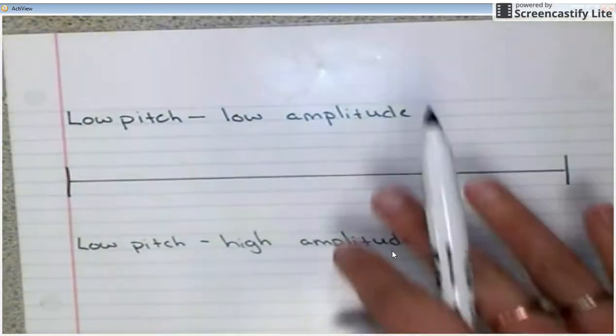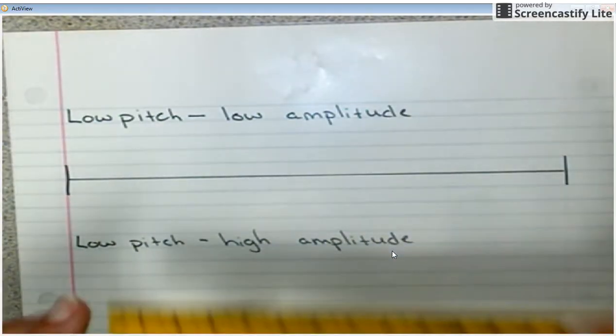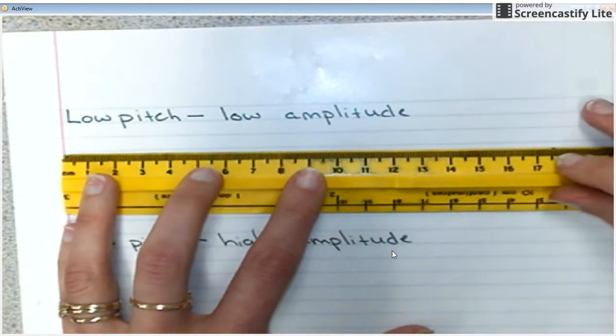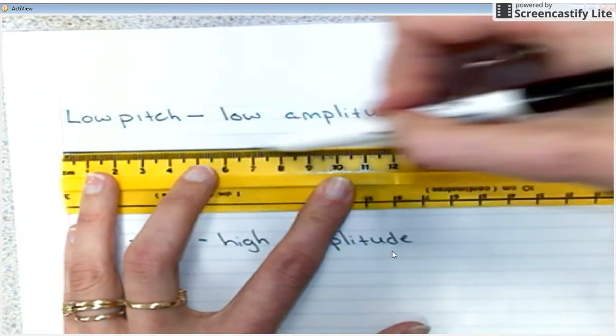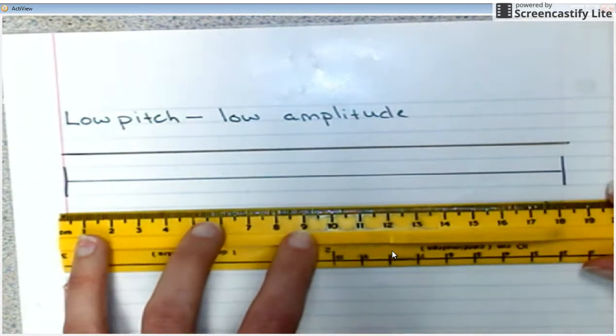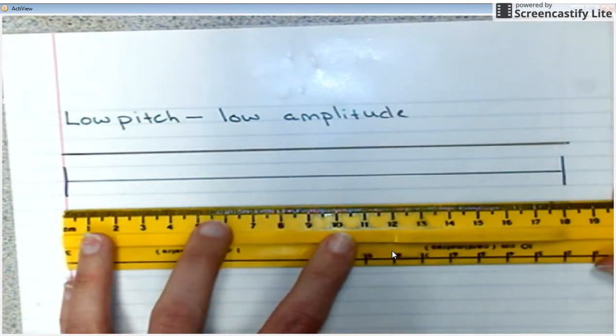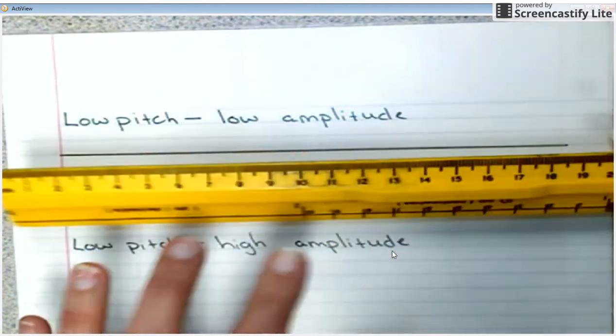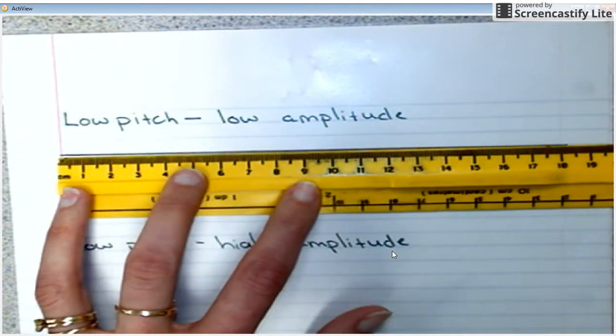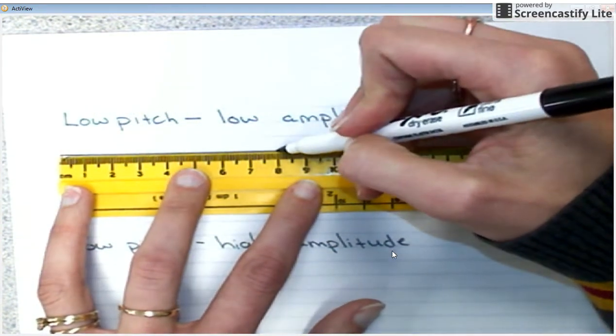We can do the same thing on this side. Okay, so we have low pitch, low amplitude. So again, this is going to be really, really close. Since it's a low pitch, I need to have my wavelength be farther apart. So this time, I'm going to make my wavelength be 8, because it's a low pitch.